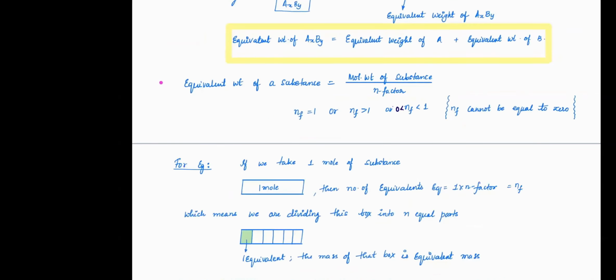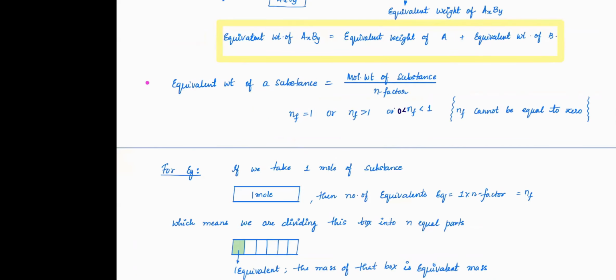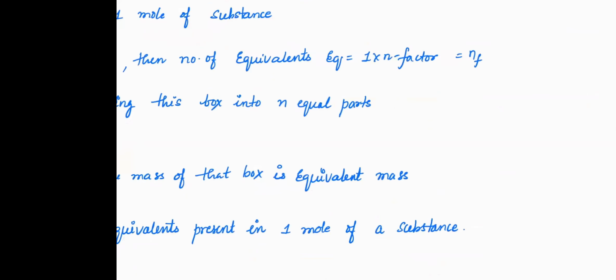By definition, I hope all of you got some idea about what equivalence is by now. Equivalence you have to learn in two ways. One is that equivalence will always be equal to number of moles into valency factor. This is the first thing you need to remember as a definition. Equivalence can also be written as weight of substance by equivalent weight of the substance.